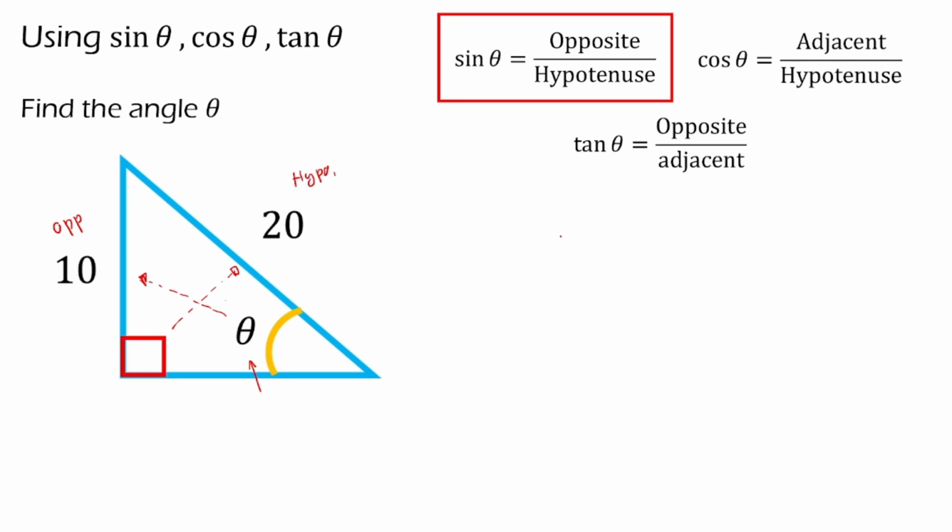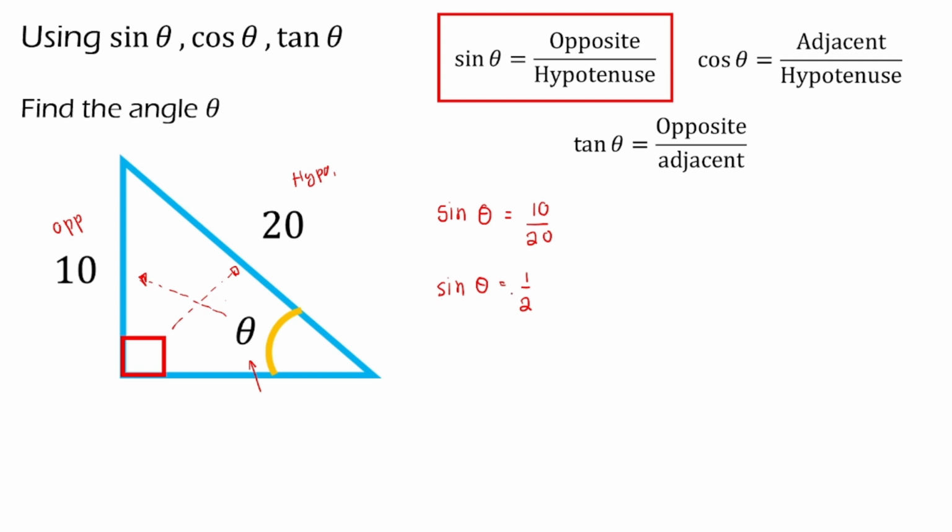Again, looking at this, we know very well sine theta will be the formula that we can use to find the angle. So let's put in all the values. So sine theta equal to opposite, the value is 10 over 20. Simplifying this, you will have sine theta equal to 1 over 2.